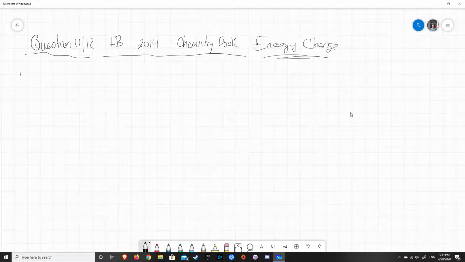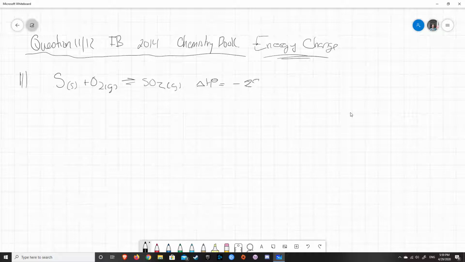So question 11 states two different reactions. It states one reaction: sulfur as a solid reacts with oxygen as a gas reversibly to form sulfur dioxide, which is a gas, and the delta H naught value is equal to negative 297 kilojoules.